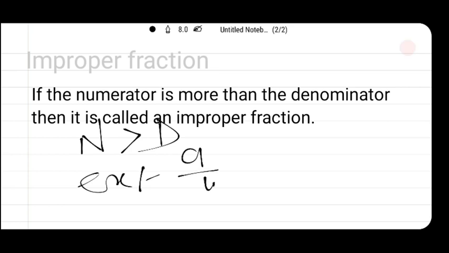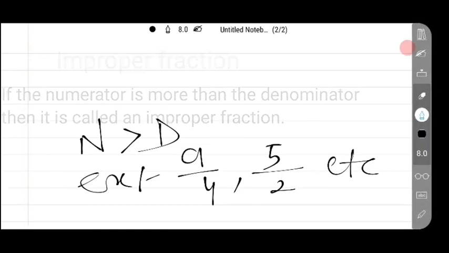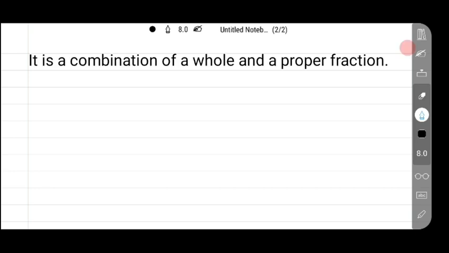For example 9 upon 4 and 5 upon 2, and many more you can write. We can also say that it is a combination of a whole and a proper fraction. That means an improper fraction is a combination of a whole number and a proper fraction. We can also say it is a mixed fraction.